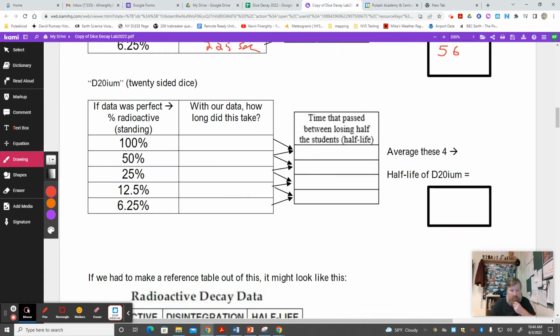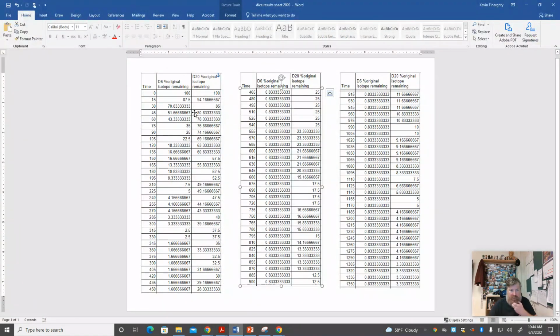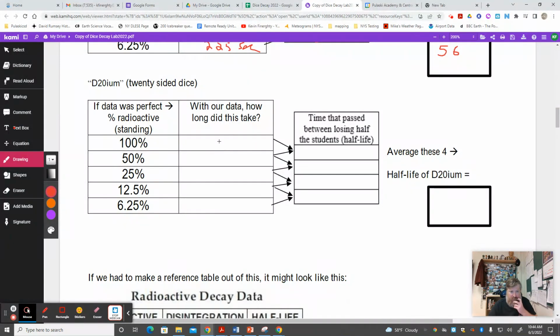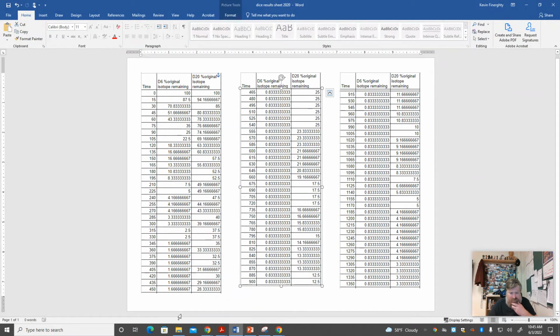How about the 20? Well, that took longer because there's less of a chance. So it's still 100 at 0. We didn't get down to 50 until right about there. We'll say we passed it when we get to the 210 second reading. These are in seconds. When did we get to 25%?